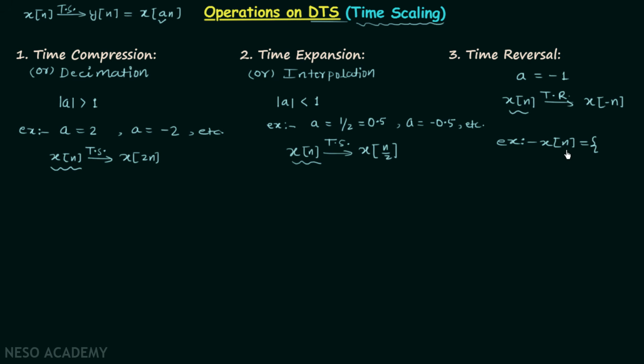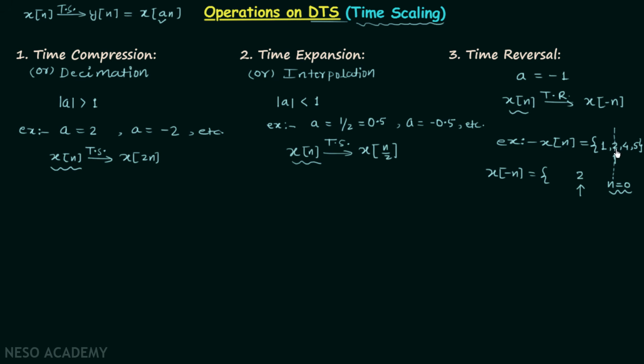Now we will take one example to understand time reversal in a better way. Let's say signal x[n] is equal to 1, 2, 4, 5 with 2 as the value of x[n] when n is equal to 0. Now when you perform the time reversal and have a new signal x[-n], then the whole waveform will flip about the y-axis, and therefore we will have 2 when n is equal to 0.